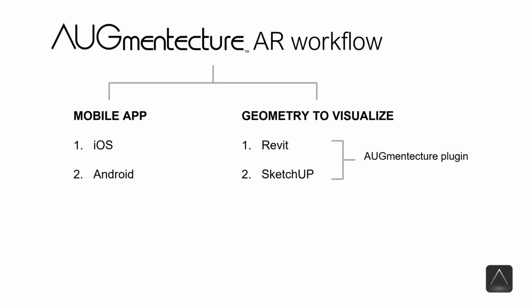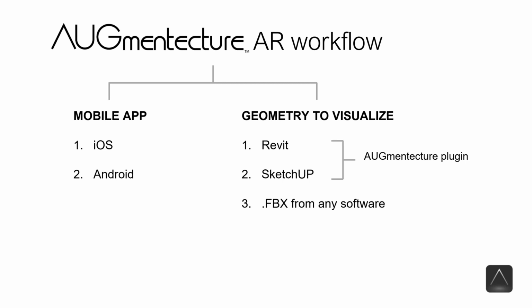This geometry could also be created from SketchUp. So again, we have a separate plugin for SketchUp. Using the AUGmentecture plugin from SketchUp, you're able to also upload your geometry to the database, the dashboard that I'll be introducing later on. And also there's a third component, which is flexibility to upload any FBX file.